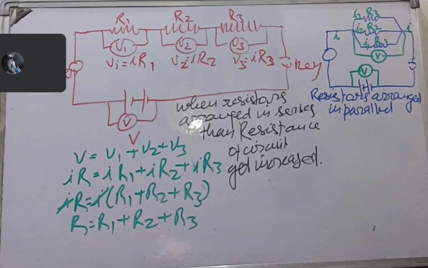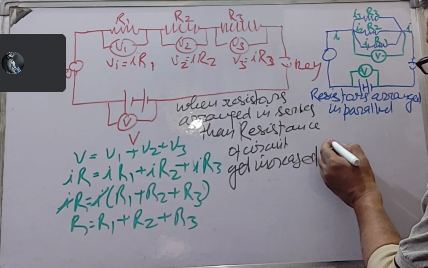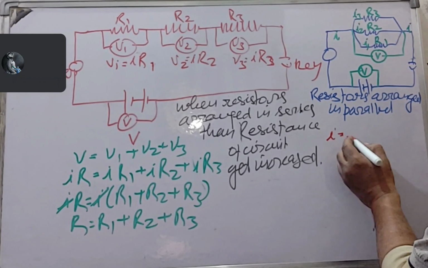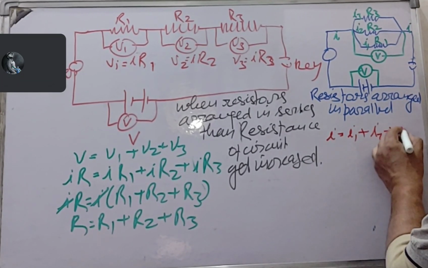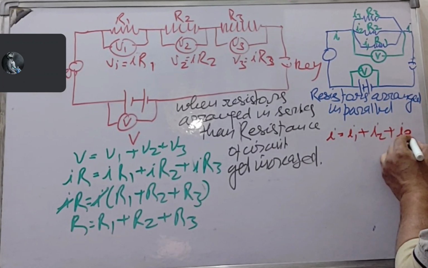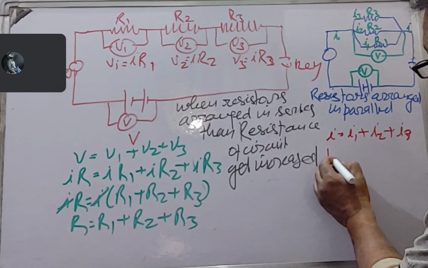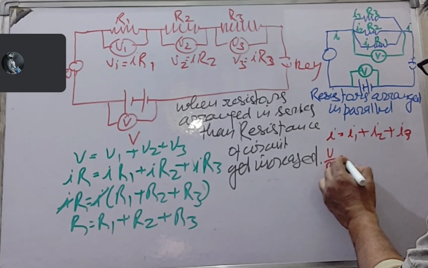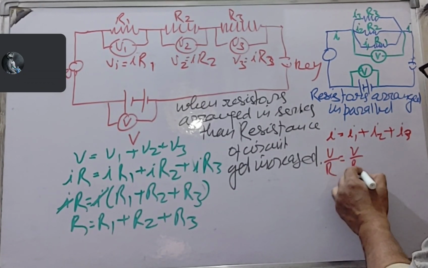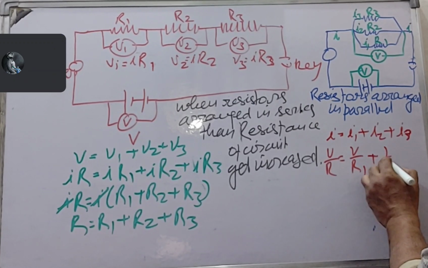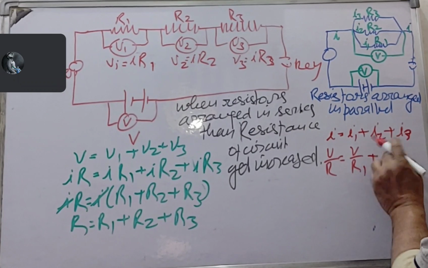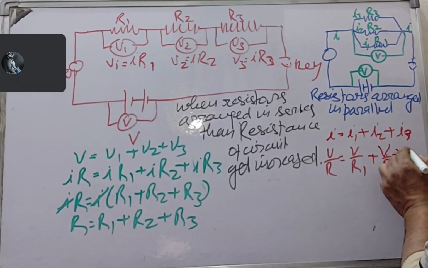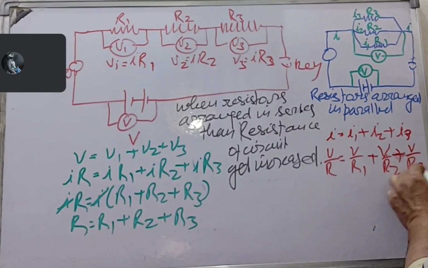So I in the circuit is equal to I1 plus I2 plus I3. So V upon R is equal to V upon R1 plus V upon R2 plus V upon R3.